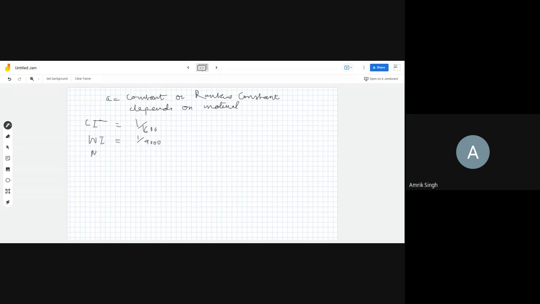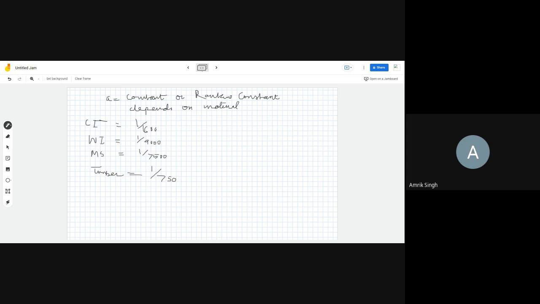For mild steel, the value of A is 1 upon 7500. And for timber, that is wood, it is 1 upon 750. So this value will be more, that is, it is less strong. But this value will be low for steel, so that means the strength will be high.